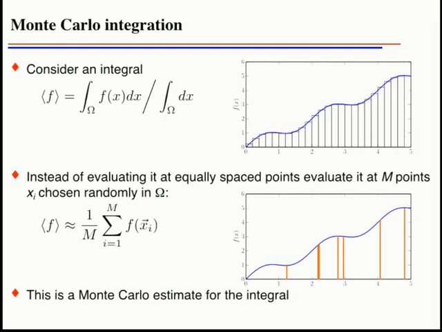Now let's try to apply that to a more realistic problem, when, for example, we want to integrate a function. In the first case, we want to get the average value of a function f, and function f can just have some arbitrary shape. If we do, for example, a Simpson integration scheme, we have to introduce many bins in the system, and then we can compute the integral just by summing them up.